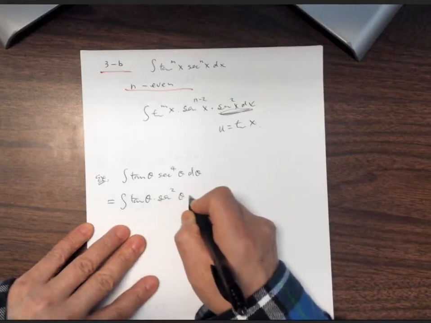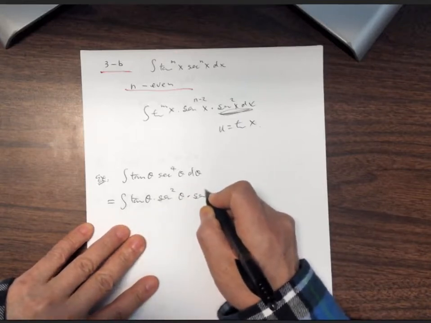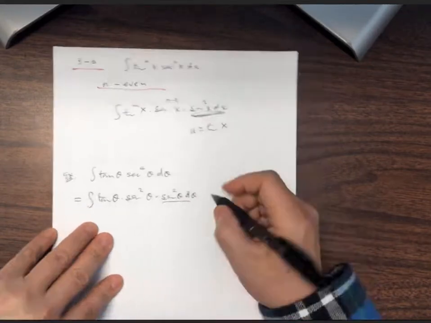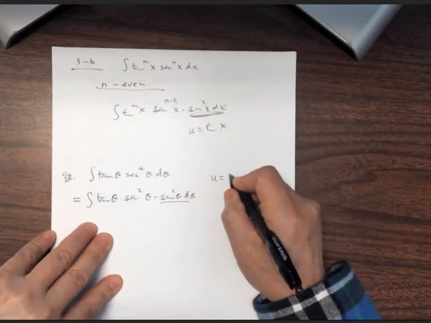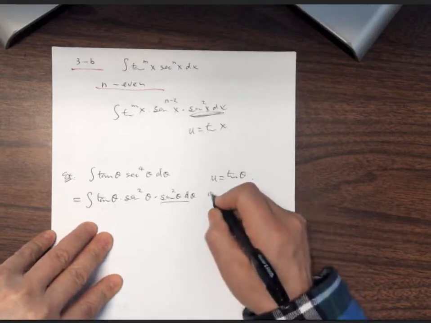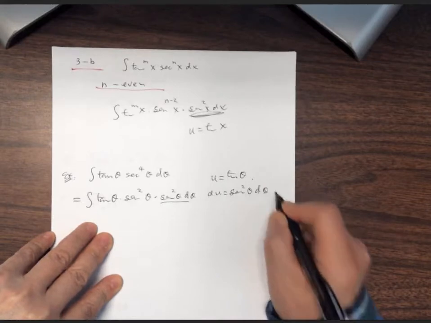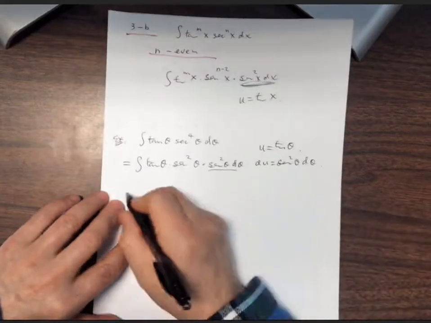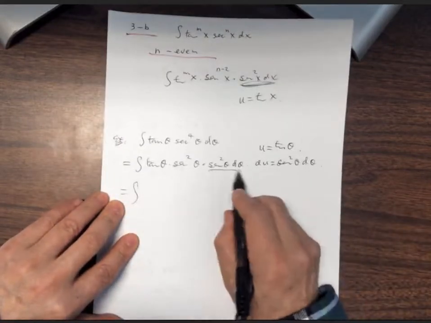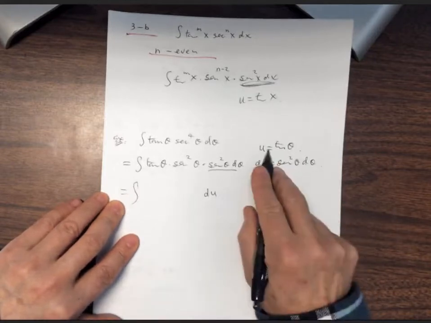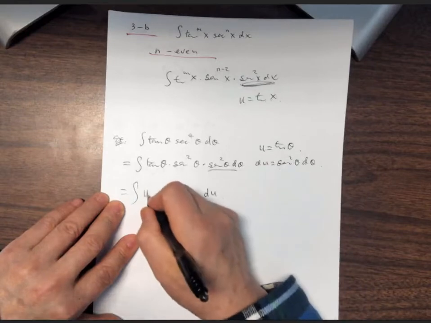So get a 2 copy. Alright, we want to try u equal to tangent theta, du equal to secant squared theta d theta. Okay, so this combination becomes exactly du, u equal to tangent, so that becomes u.